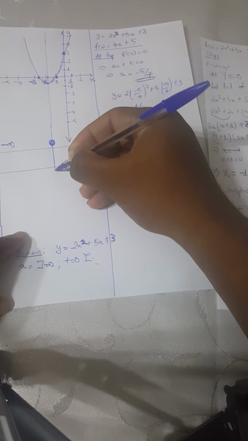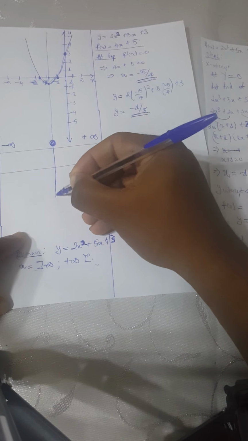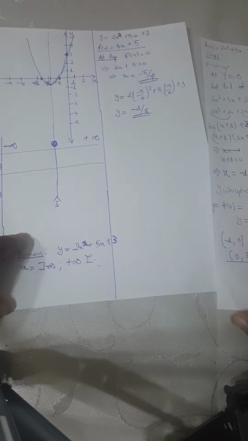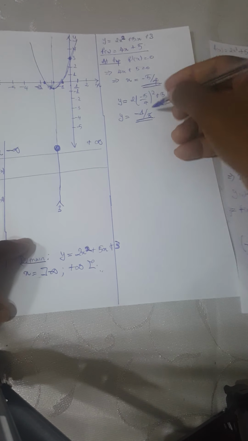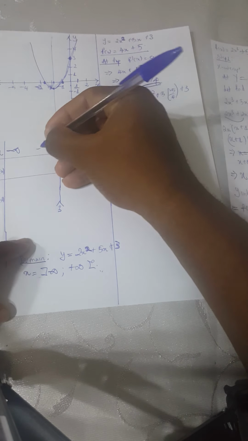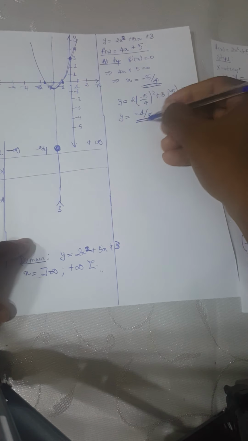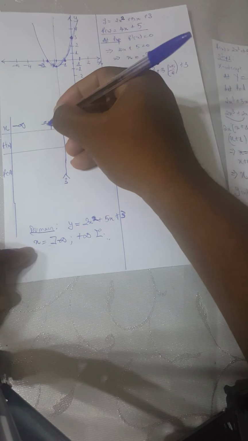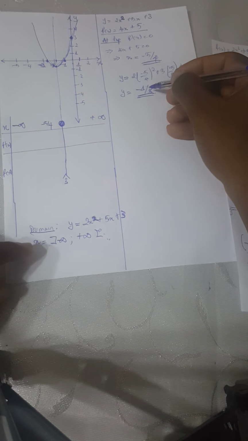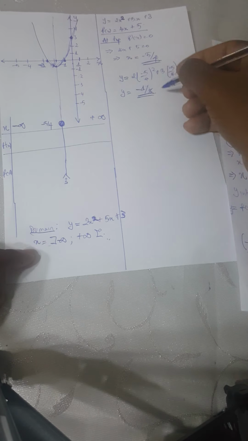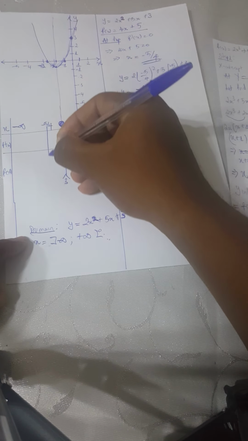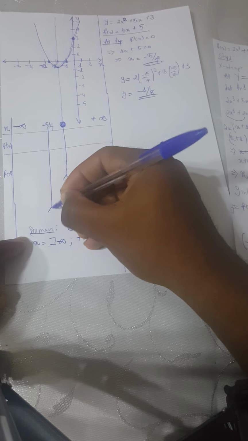So I'm going to point down to a certain value of 3 here. And I will say again that negative 5 over 4 is going to correspond to negative 1 over 8. Is negative 1 over 8 above or below 3? It is going to be below 3. So I'm going to plot another point here.